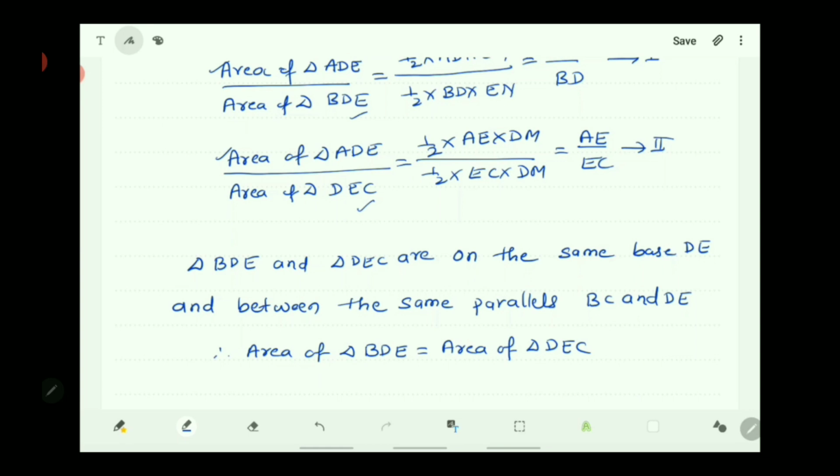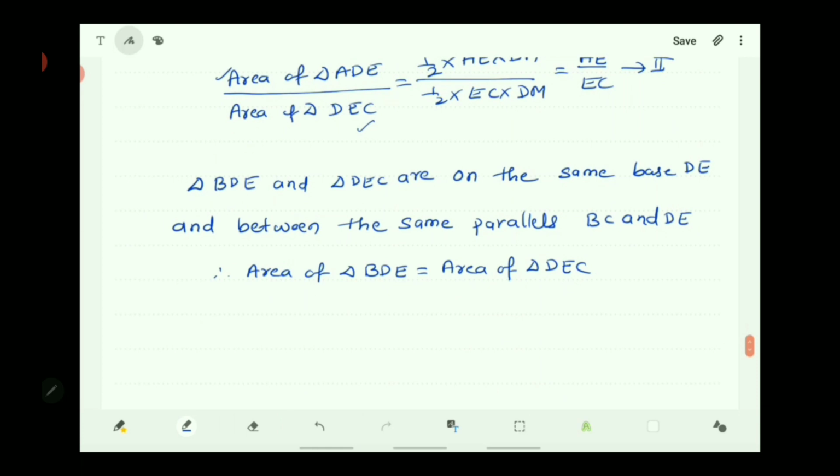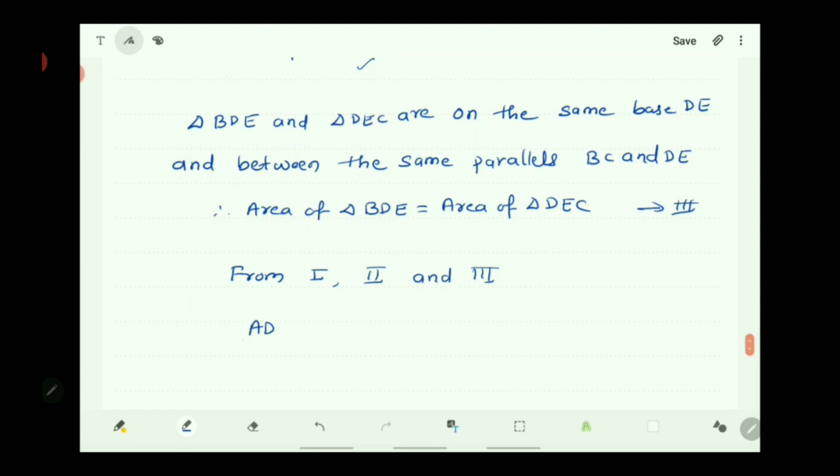Therefore, from first and second, keeping in view that triangles on the same base and between the same parallels have equal area, you can say that ratio 1 equals ratio 2. Consider this as the third. So from first, second and third, what you can conclude is that the ratios AD by BD and AE by EC are equal.